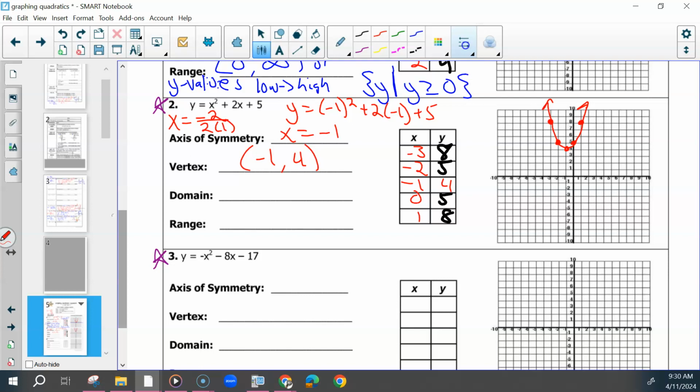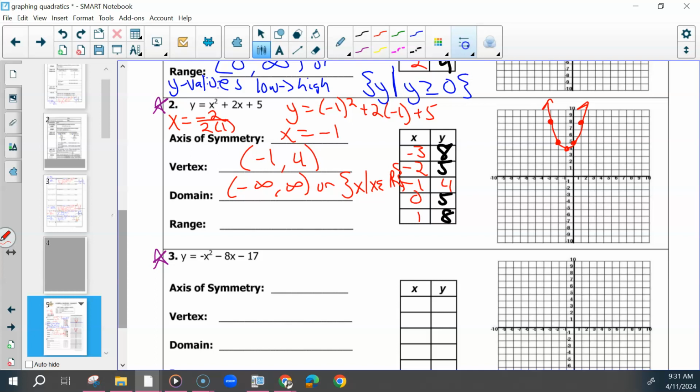What's the domain? Yes, it doesn't change. Negative infinity to positive infinity, or x such that x is an element of all the real numbers. For our range, what's our lowest point? Y value.